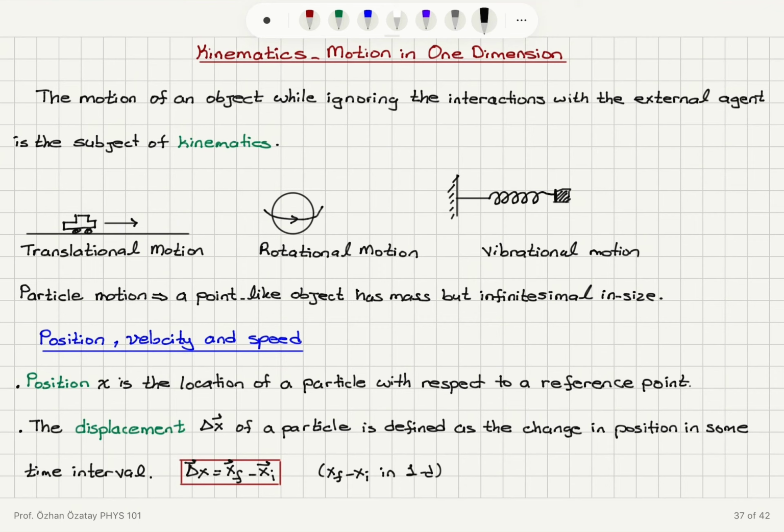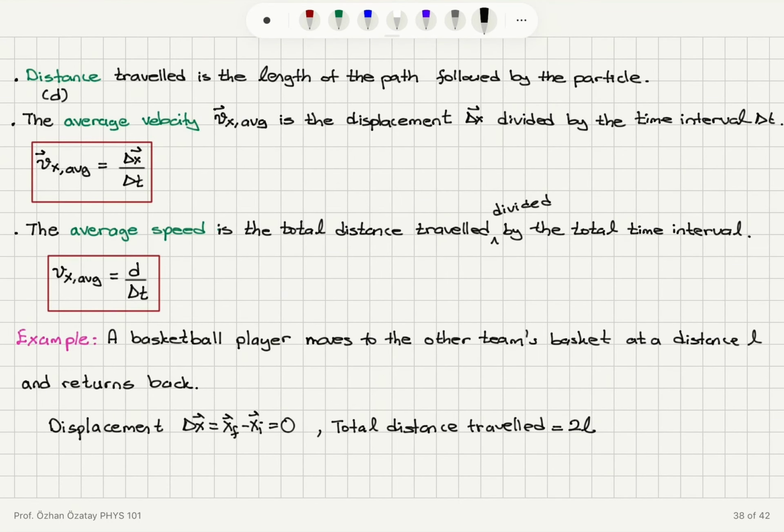We talked about important physical quantities: the position, which is a vector, the position vector; the displacement, which is the change in the position vector, another vector quantity. Distance is the total length of the path followed by the particle, which is a scalar. Average velocity is the displacement divided by the time interval. Average speed is the total distance divided by the time interval, which is a scalar.